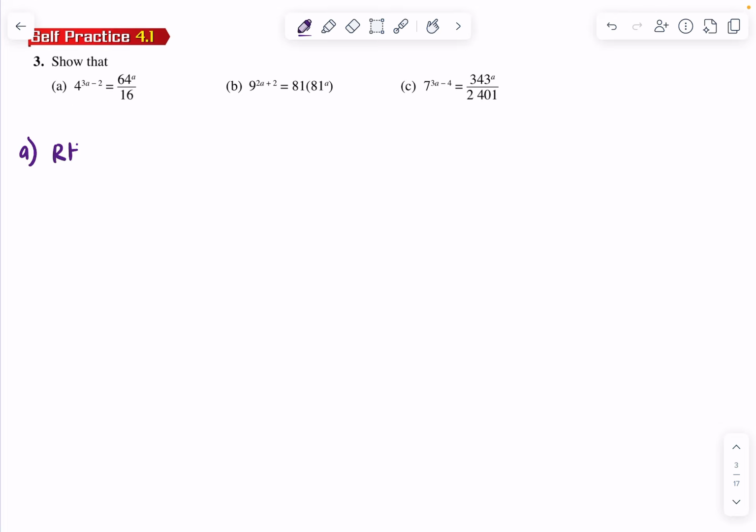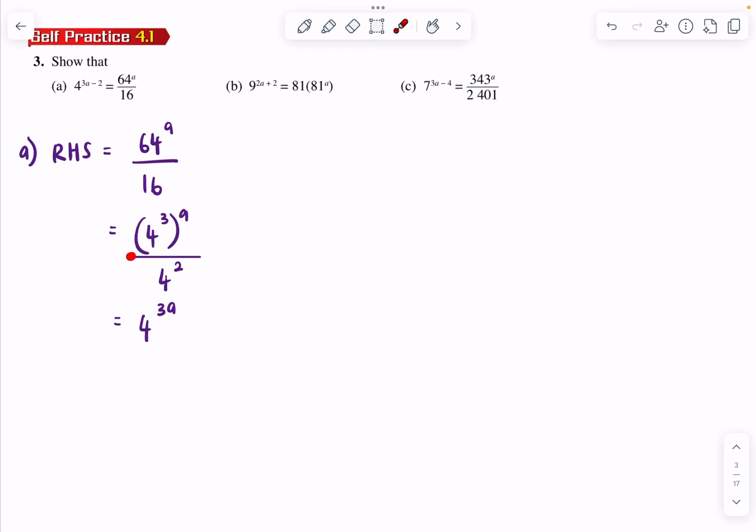So the right-hand side is 64 power a over 16. 64 and 16 we can bring down to base 4. 64 is 4 cube and 16 is 4 square. So these two powers we can multiply, becomes 3a.